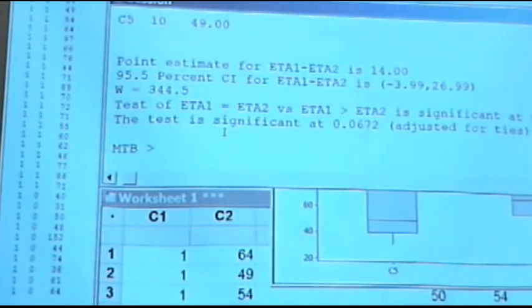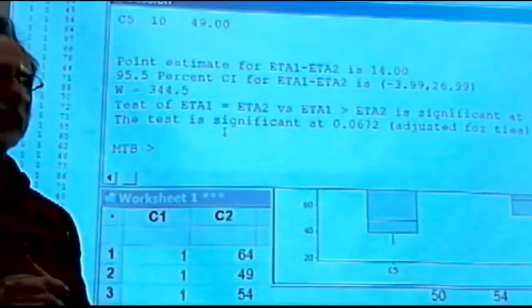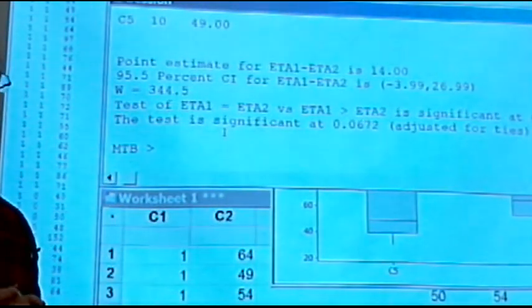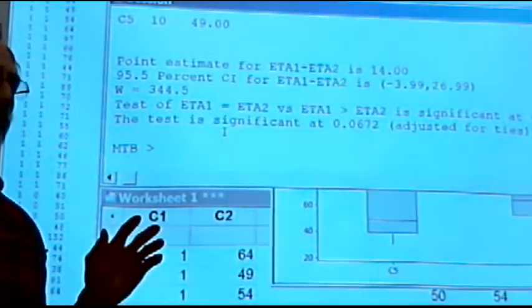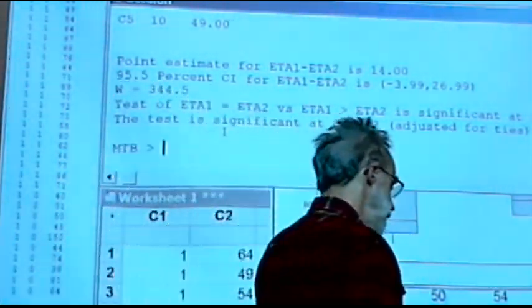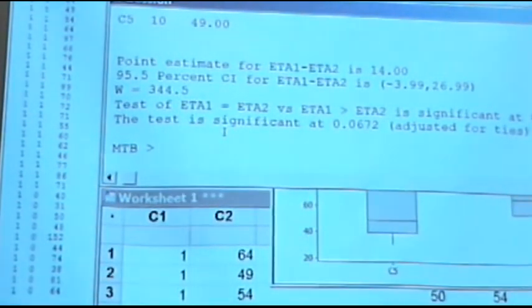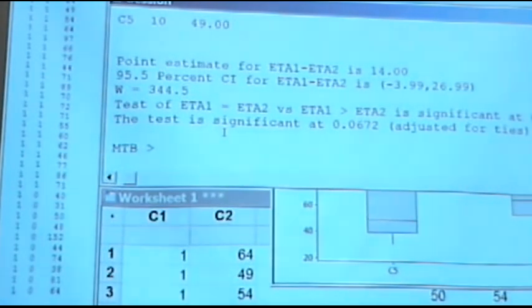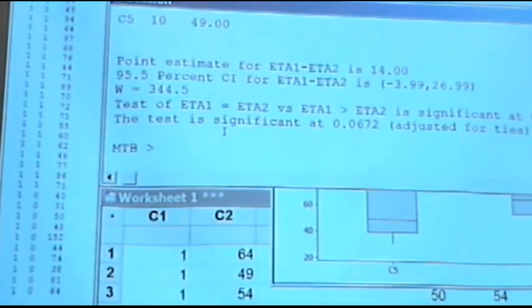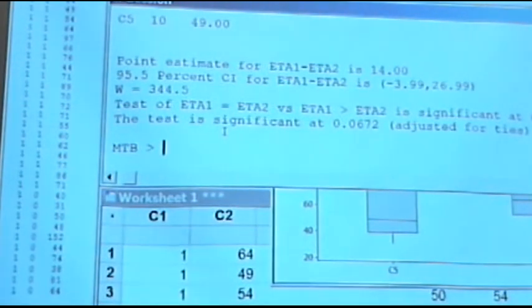How did you unstack? What was the command, and how did it choose between them? The subscripts were in ones and zeros. They don't have to be ones and zeros; they just have to be distinct. The measurements were in C2.